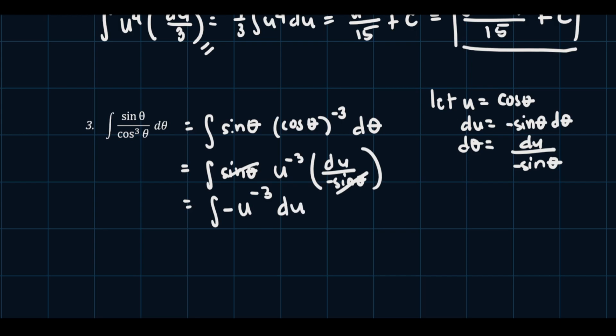Then, apply ulit ang power rule. So, this will give us 1 over 2 u raised to negative 2 plus c.